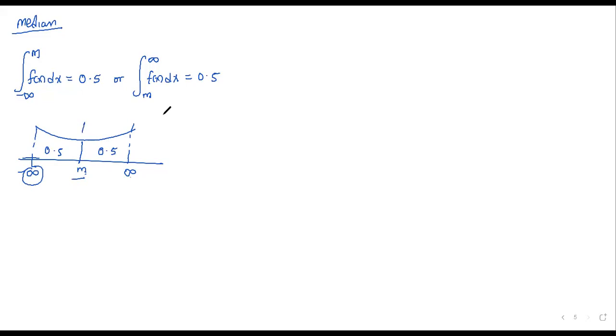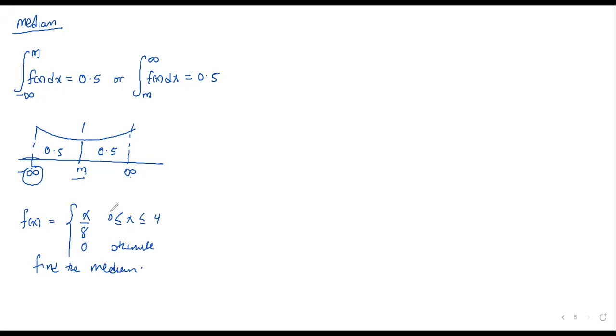Okay. Now, with that sense, for example, you have a continuous random variable of this sort, x over 8, 0 less or equal to x less or equal to 4, 0 otherwise, and they ask you to find the median.